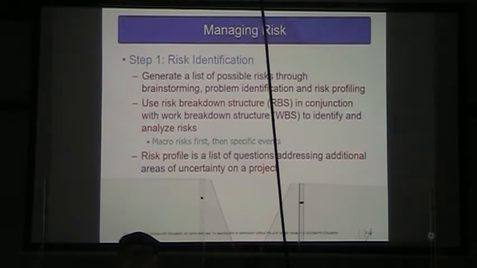We're going to use a risk breakdown structure in conjunction with our work breakdown structure to identify and analyze our risks. So, we're going to look at each work package and say, does this work package have a risk that is unique to it or applies to several of our work packages across the board, and put that down.